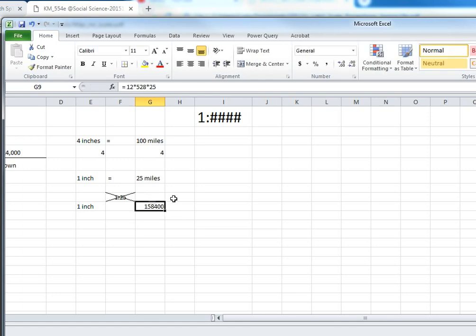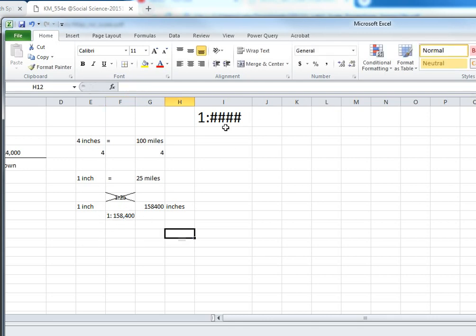So now I have 1 inch equals 1,584,000 inches, and now I can take off the units. So I can come up with a ratio fraction that is 1 to 1,584,000. Because those units are the same at the end, I can do that.